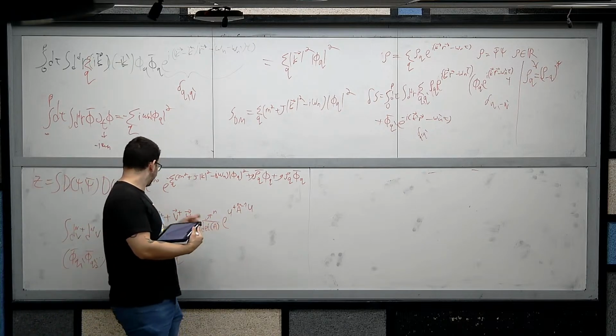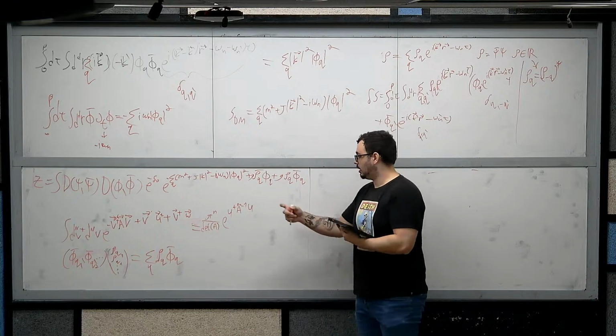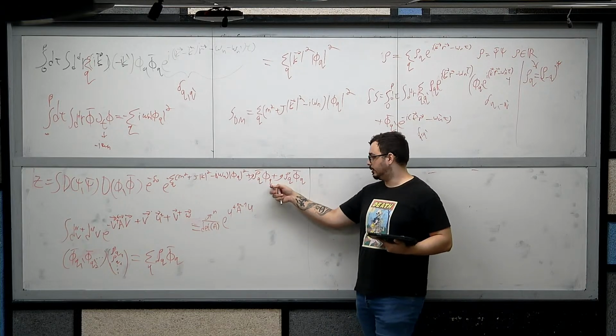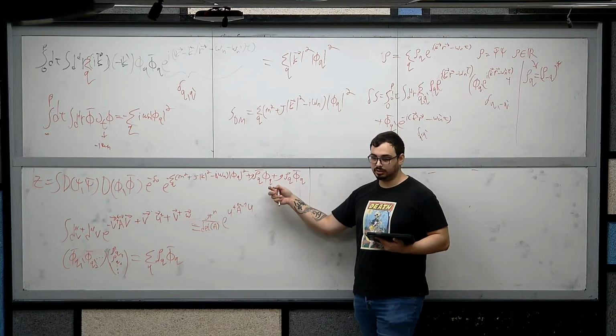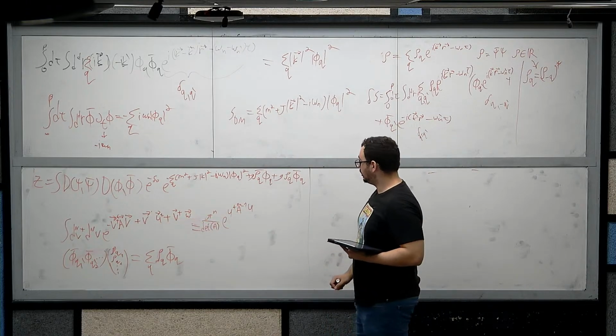Now you can see why I took rho conjugate instead of putting a minus on the Q. It just makes our vectors line up. We have the conjugated term.